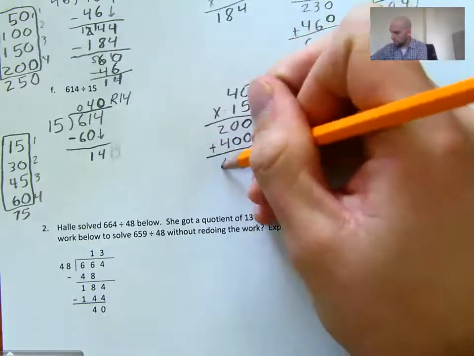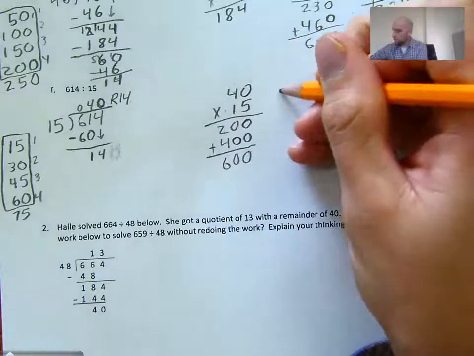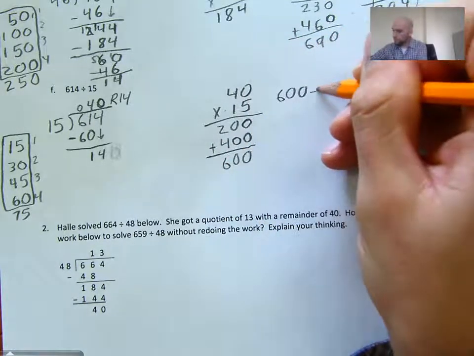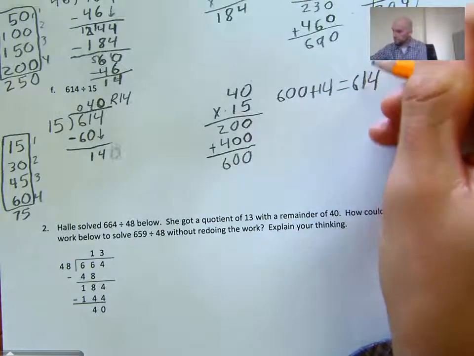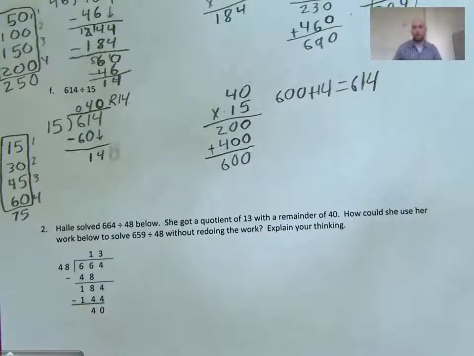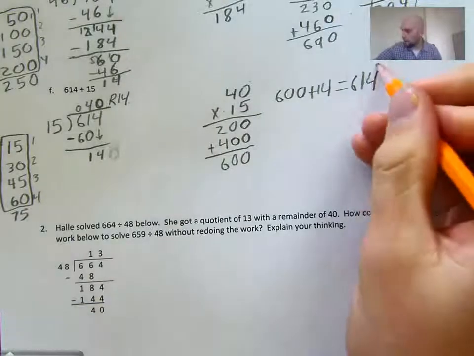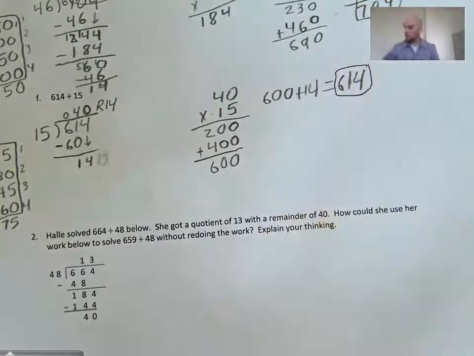And we get 600. 600 plus 14 equals 614. All right. So we got our dividend there.